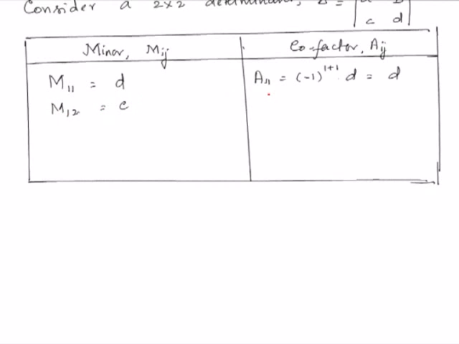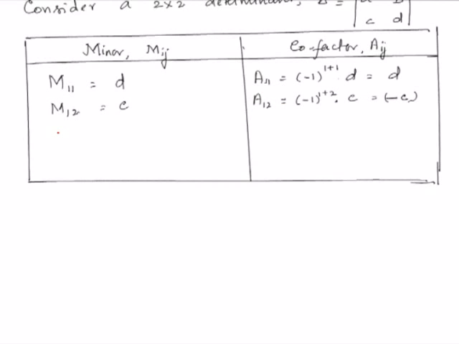So what is 1, 2? It is the element B. So if we ignore the element B here, if you ignore the corresponding column and the row, then I am left with the element C. Yes, but here when it is cofactor, minus 1 to the power of 1 plus 2 times C. So minus 1 to the power of an odd power. So it is minus again. So minus C is the value.